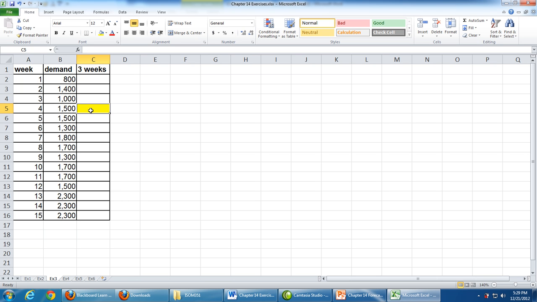So the first forecast will be the forecast for period 4 equals 0.5 times the period that is closest, plus 0.3 times the second closest, plus 0.2 times the furthest, and then you can move it down like that. Okay, so we call this weighted moving average.